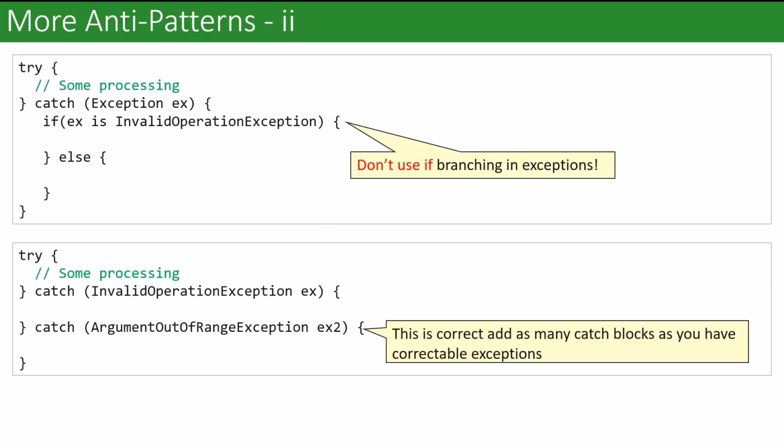Don't do if branching in your exception. It may have been that there was a time where this might have been the only way to do it, where you had to check the type of each exception. But I'll point out that if you go look at books online for .NET, not only can you do the second example where we are catching the specific exceptions we want, and we can have as many catch blocks as our heart desires.